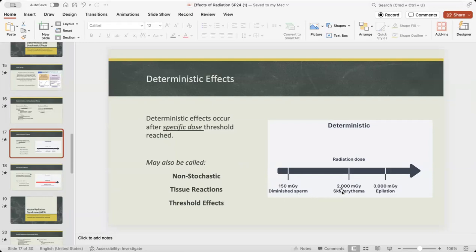At a dose of about 2,000 milligray, you may experience skin erythema, and at about 3,000 milligray, you experience epilation. You experience that at one time, so one whole dose. Deterministic effects are also called non-stochastic. They can be called tissue reactions, or threshold effects.